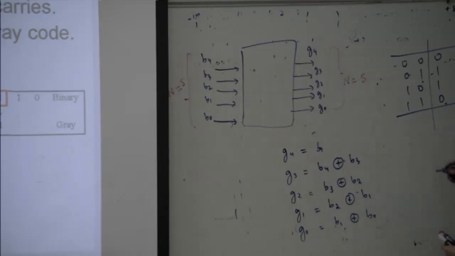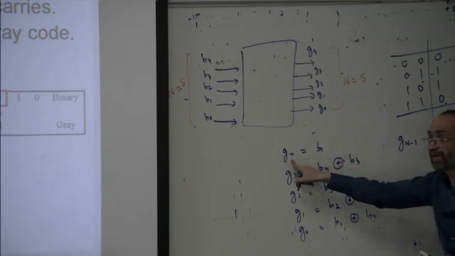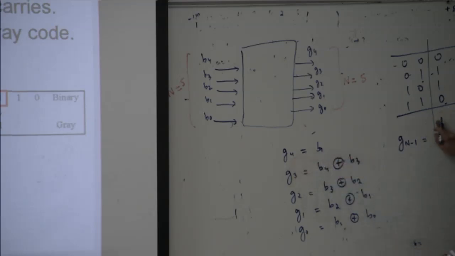Now we generalize it. What is G(n-1), the most significant bit? Because we replicate the most significant bit, G(n-1) is B(n-1). Got it?